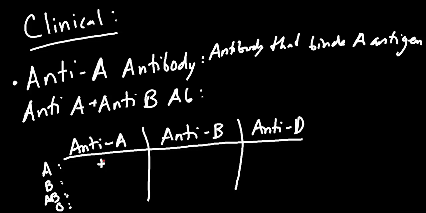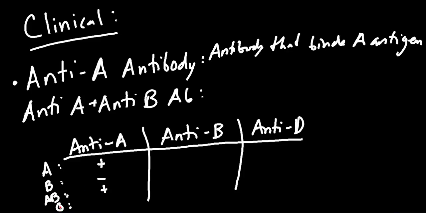So when the antibody binds to its antigen, it's going to cause a reaction. It can coagulate. So we're going to have some sort of coagulation, and this would indicate a positive test. Anti-A antibodies in a patient of type B blood, you won't see a reaction. There is no A antigen present because this anti-A only looks for A antigen. There's no A antigen here. There is an A antigen on blood type AB, so you will see a reaction there.